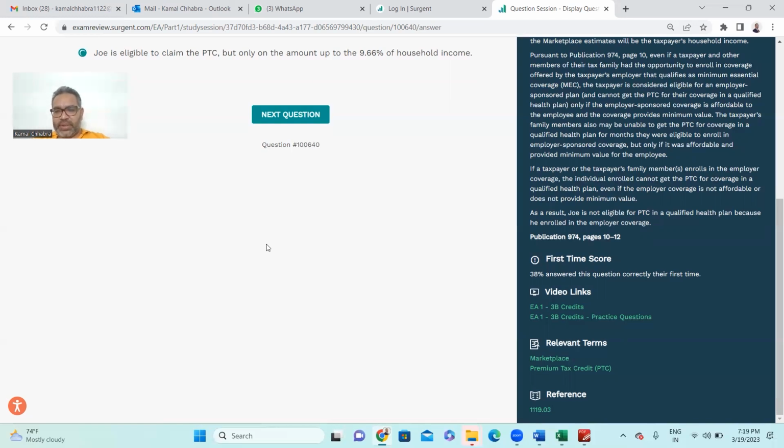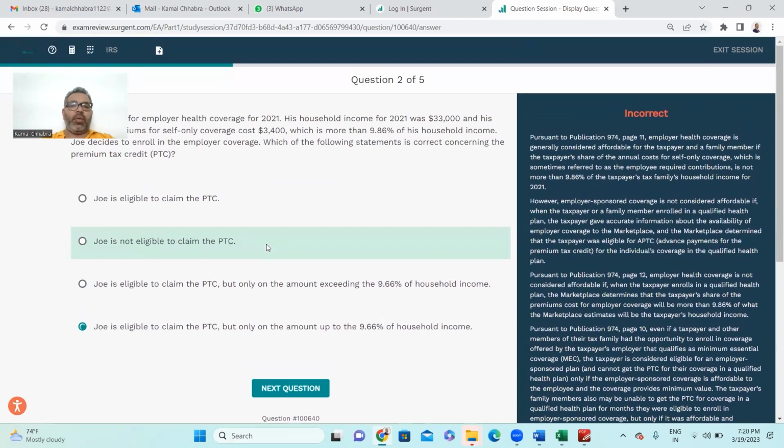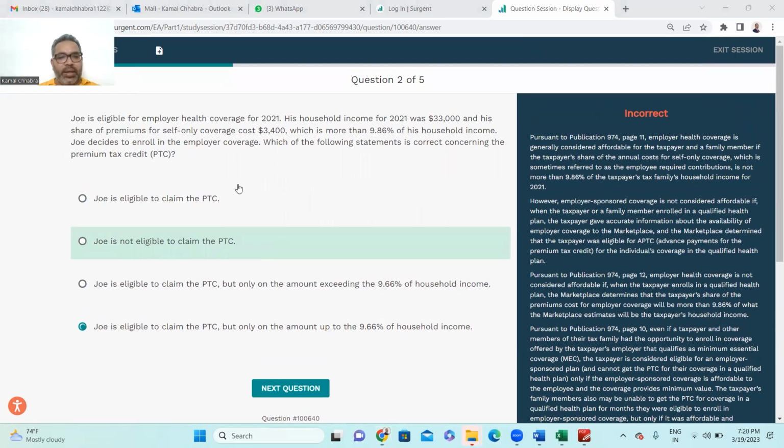If the taxpayer or a family member enrolled in the employer coverage, the individual enrolled cannot get the PTC for coverage in a qualified health plan, even if employer coverage is not affordable or does not provide minimum value. As a result, Joy is not eligible for PTC because he is enrolled in the employer coverage. That's the reason PTC is not available for him.